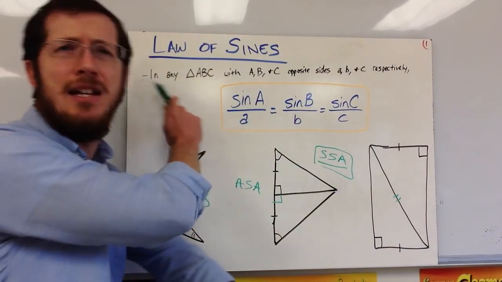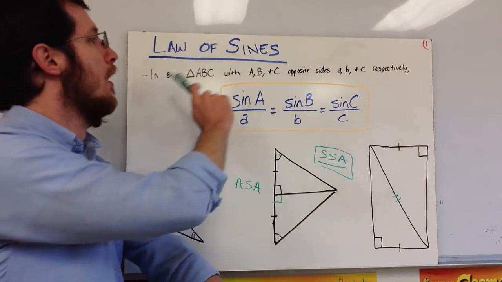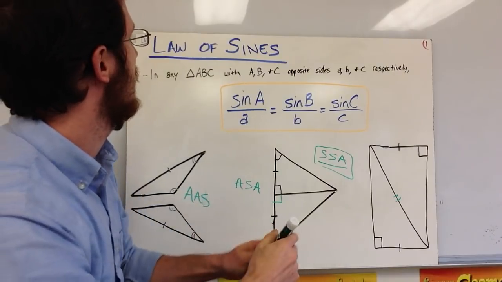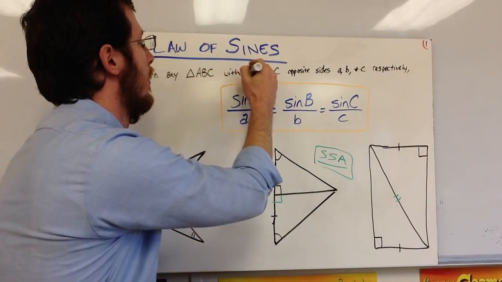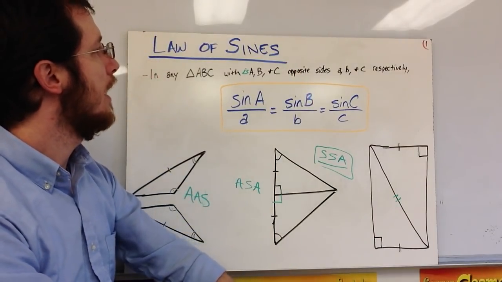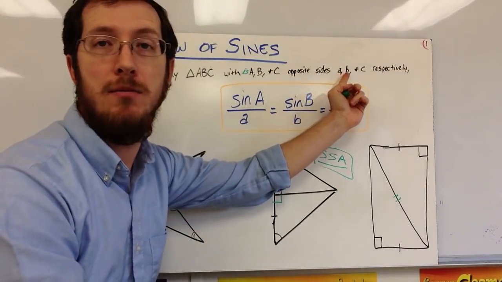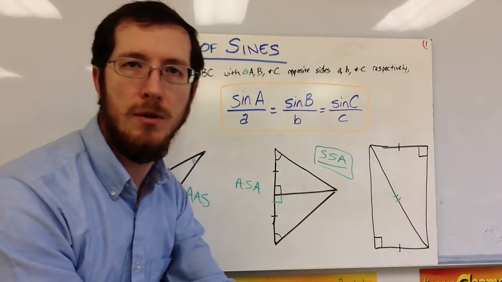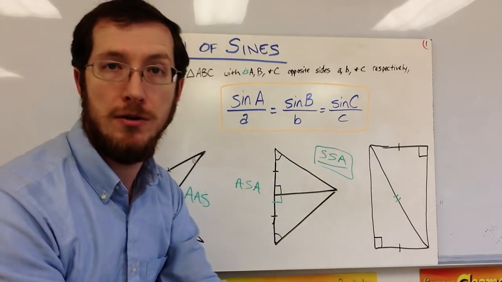The law of sines says in any triangle ABC with angles big A, big B, big C, and they have opposite sides, little a, little b, and little c, respectively, just like we talked about when we talked about right triangle trig.